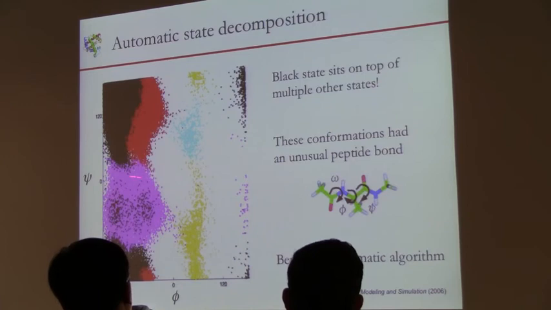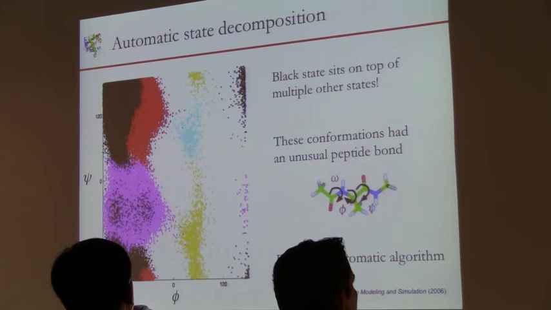But this one doesn't look so good because we have a mixture of pink and black points there. So at first sight, you might think that the method failed, but more detailed analysis showed that it didn't fail, but gave us some additional knowledge.